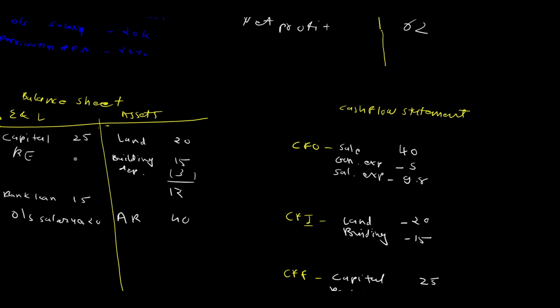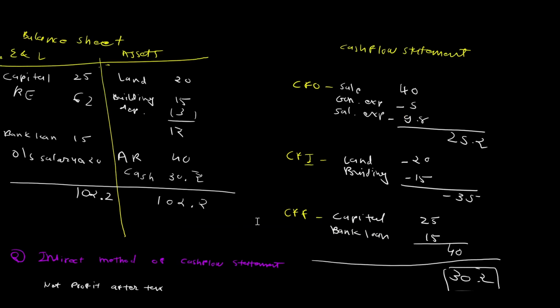My retained earnings is 62. So I calculated the cash, and to save time I deleted the balance sheet.